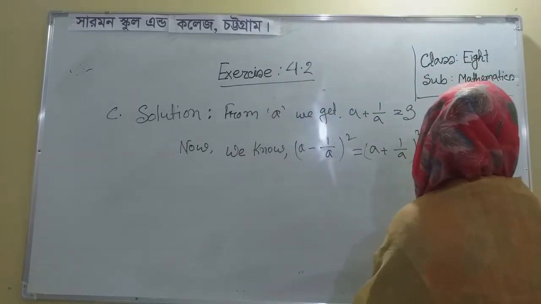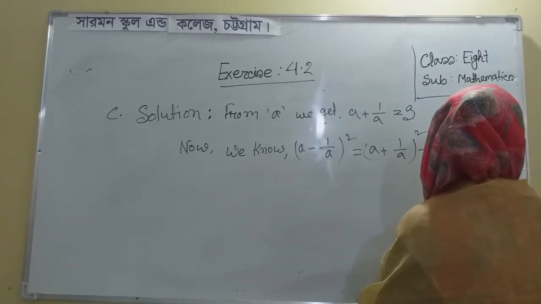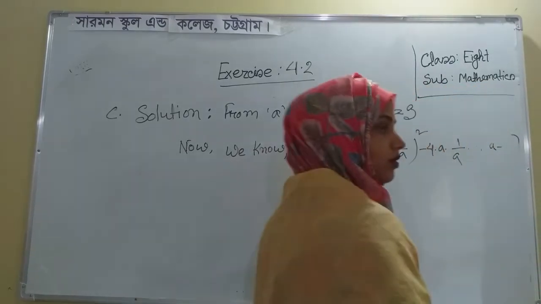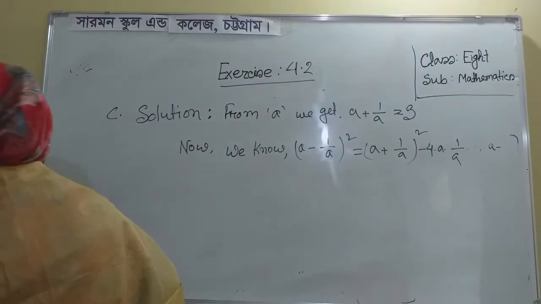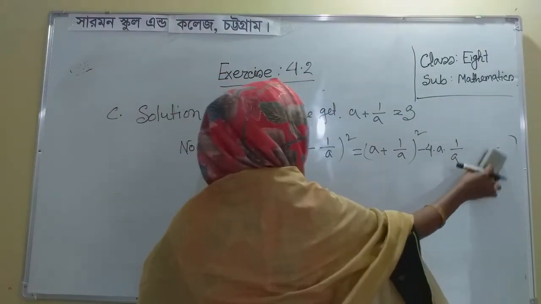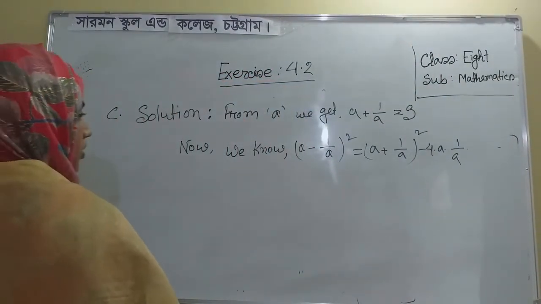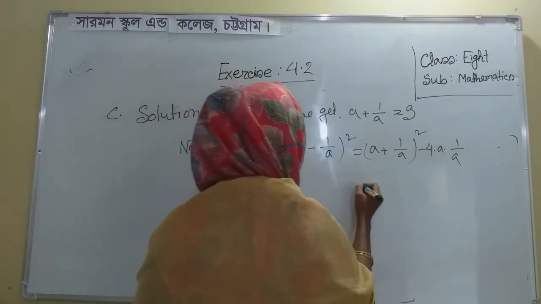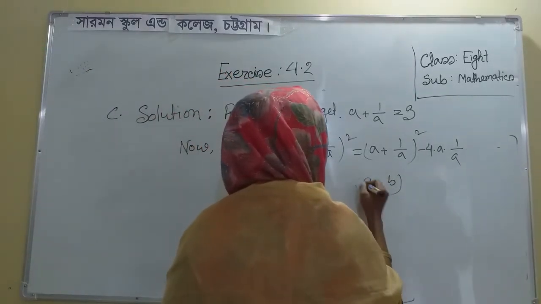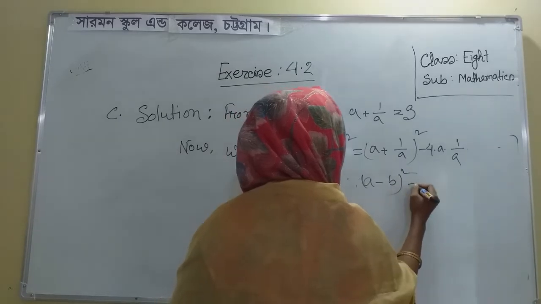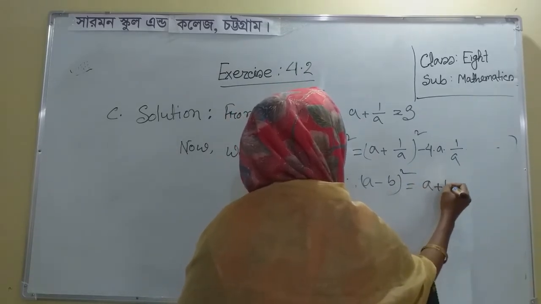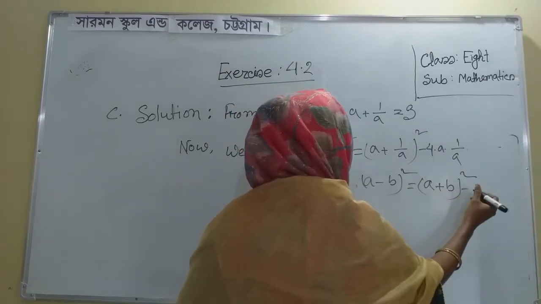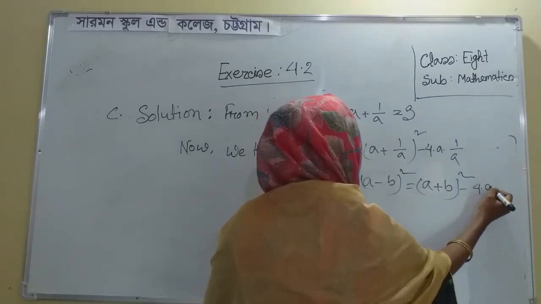Here we apply the formula a minus b whole square equal to a plus b whole square minus 4ab.